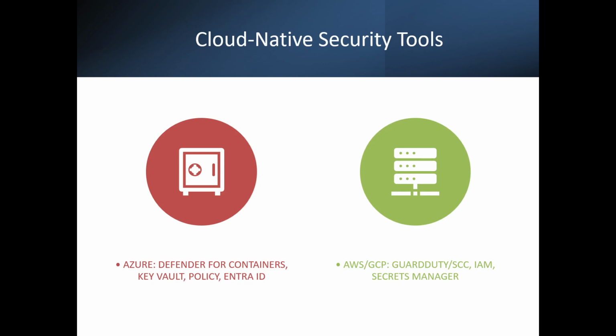There are so many tools which can be used. I have added some from AWS as well, because I have the upper hand with AWS. First, let's talk about Azure only. We have Azure Defender, which scans our container images in ACR, and Key Vault, which handles all application secrets with auto rotation, and then policies and Entra ID.